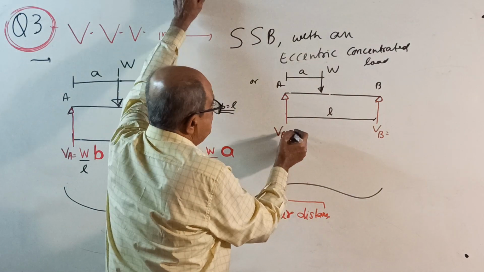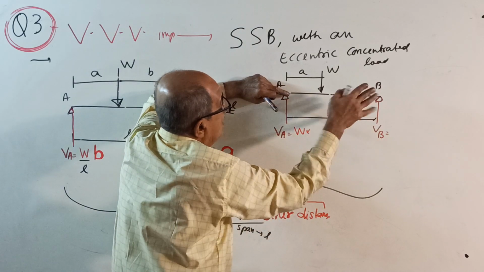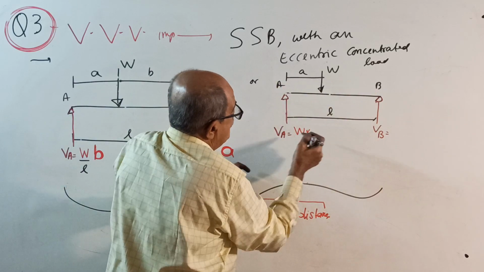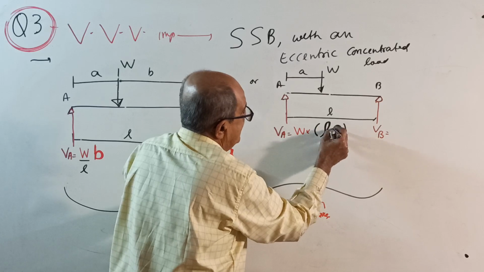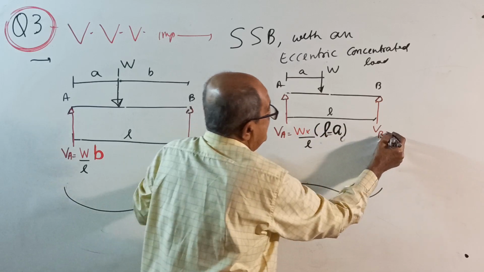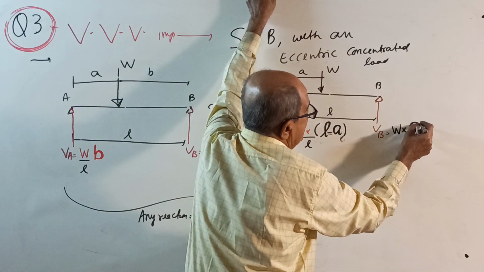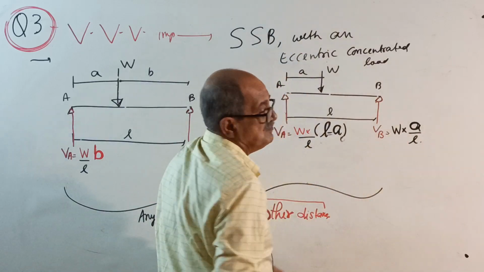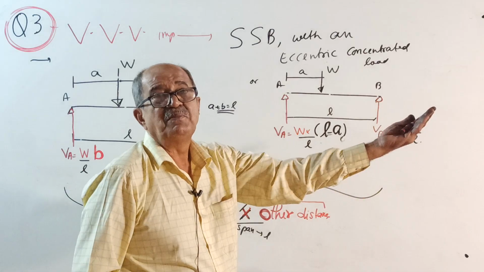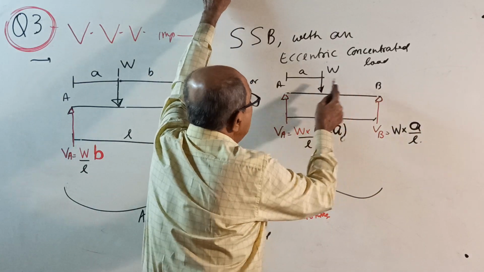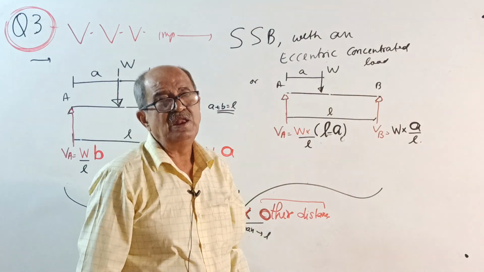And if they want this reaction, it is W into the other distance, which is not given. So if this is A, the other will be L minus A, so W into (L minus A) by L. This will be W into A by L. Make a note. Now don't tell me, sir, the exam question says A from the right end. If they say A from the right end, this will become B, and you can interchange; I will tell you that later.